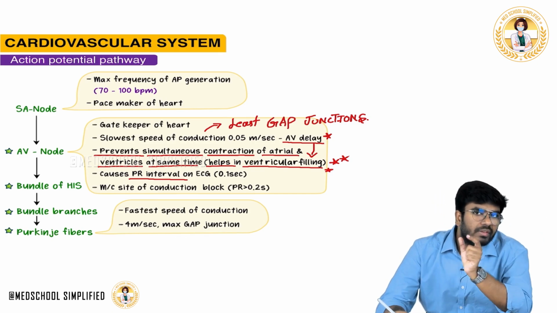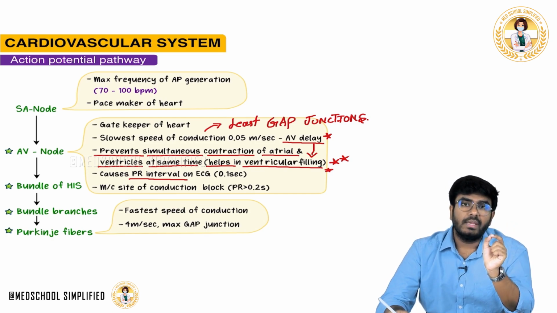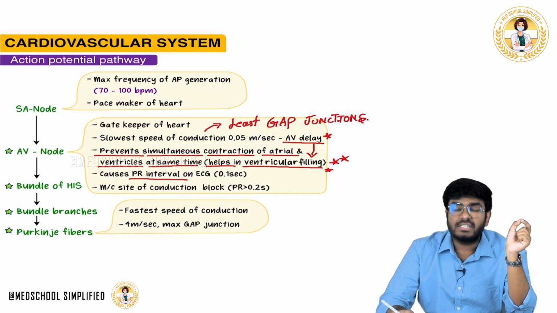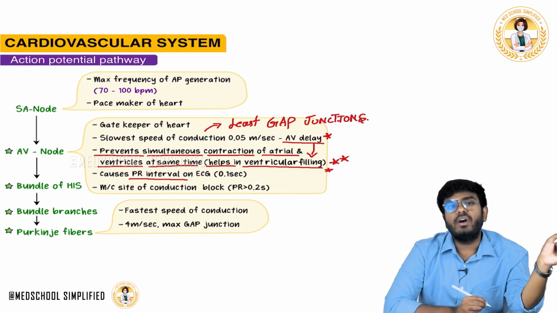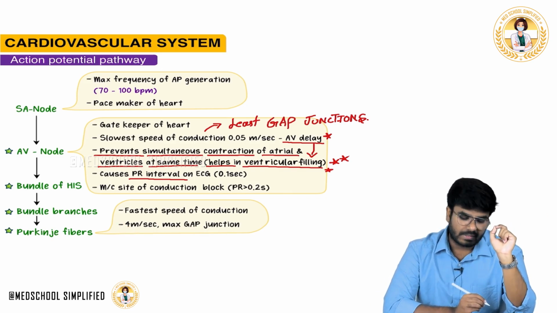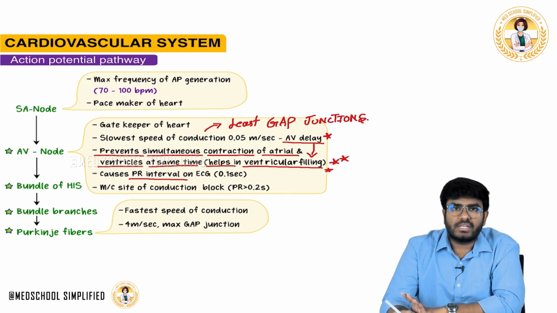So in the entire pathway, the maximum number of gap junctions are present in the Purkinje fibers. How fast? 4 meters per second. The impulse is traveling with a speed of 4 meters per second. So these are some basic points about the action potential pathway.